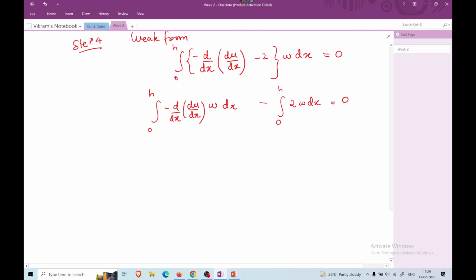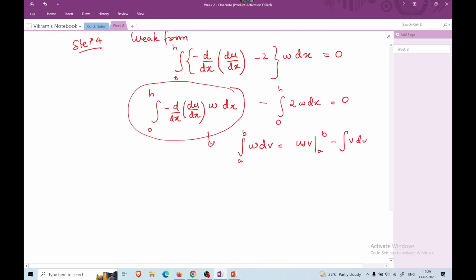How am I going to do the weak form? I am going to use this formula, integral of w dv is equal to wv minus integral of v dw, integration by parts. This is nothing but the weak form.